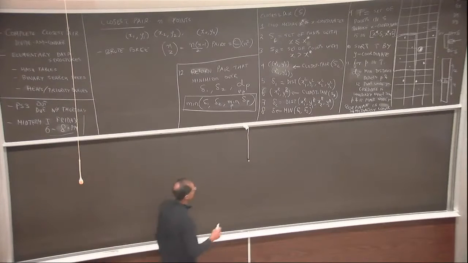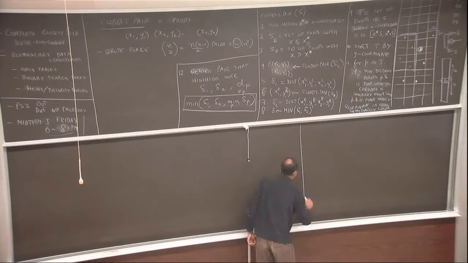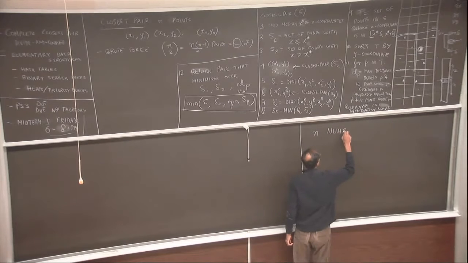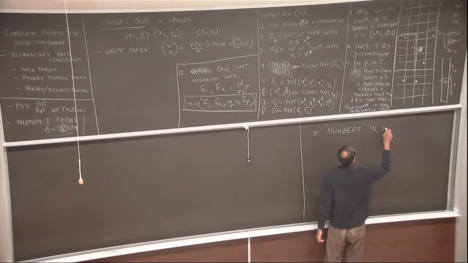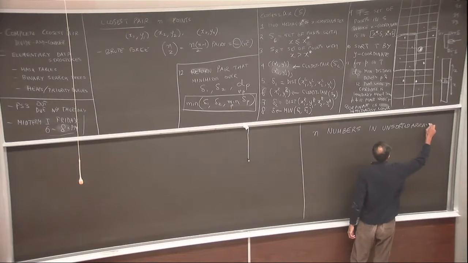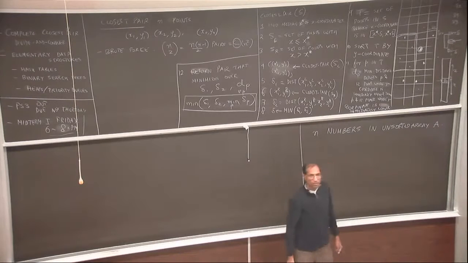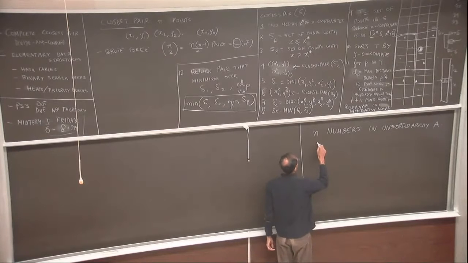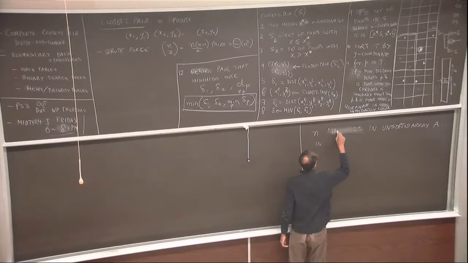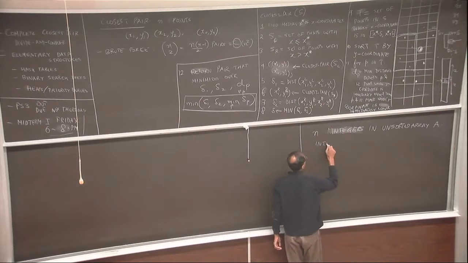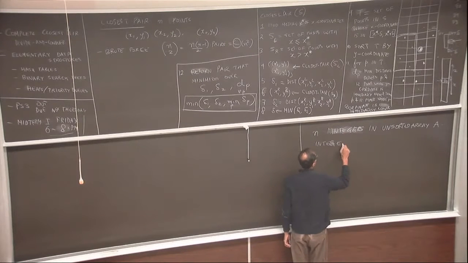Let's say I give you n integers, n numbers, in an unsorted array A, and then I also give you an integer k.